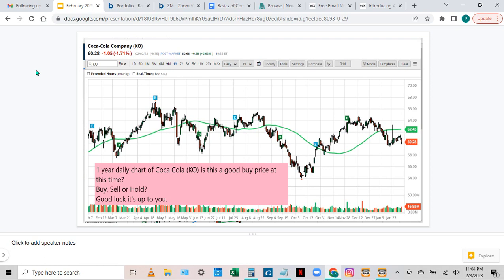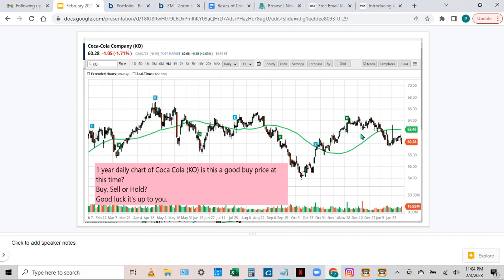One thing I do see about this chart is that prices have not moved hardly in the last year overall. So if we look at the left of the screen, we see $62. At the right of the screen, we've got a closing price of $60.28. So actually moved down $1.75 since this time last year.